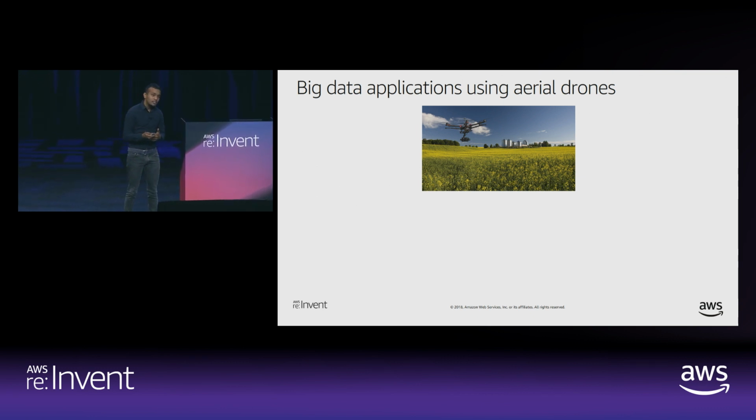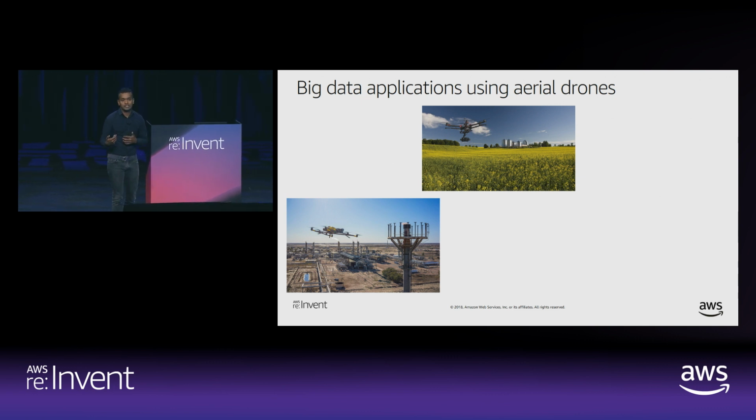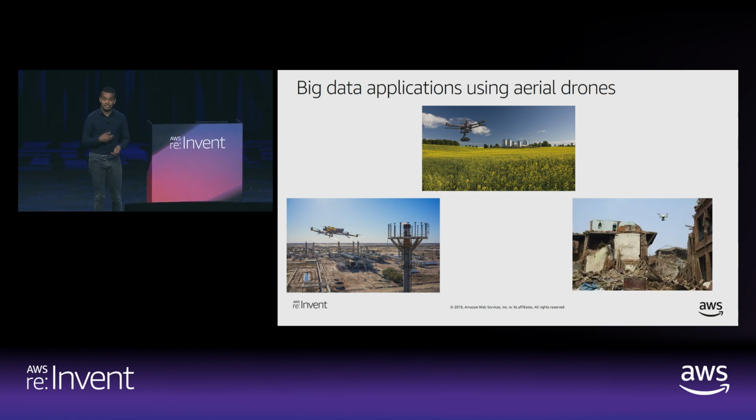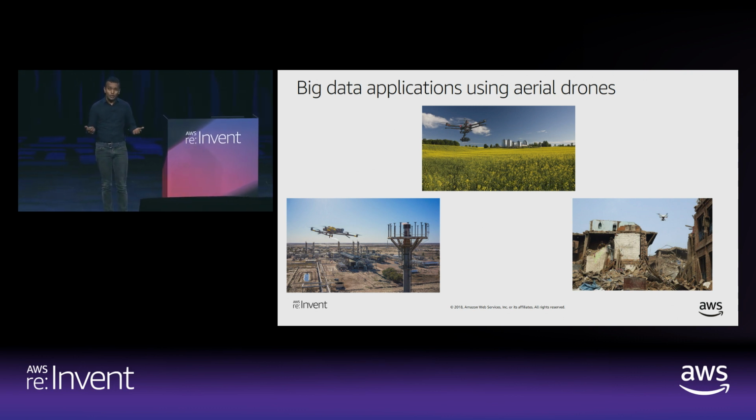People are also increasingly using drones in various industries, for example, for oil and natural gas exploration, by using cameras and other specialized sensors. And finally, people are using drones for disaster monitoring, where you do real-time analysis on these drones. So effectively, these drones are big data collectors and a tool for providing big data collection and analysis.